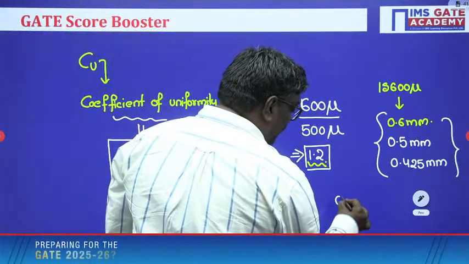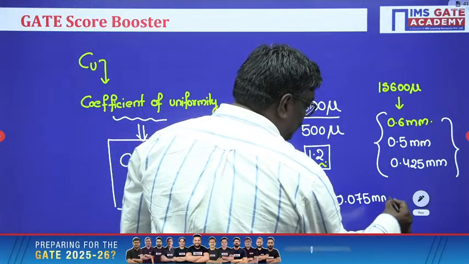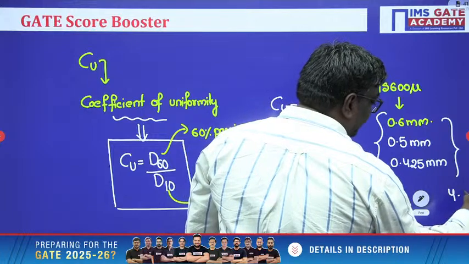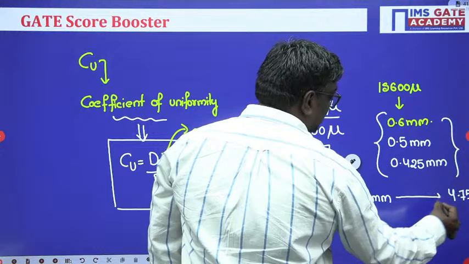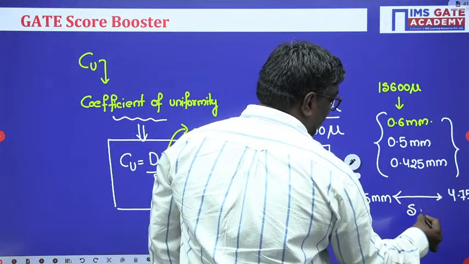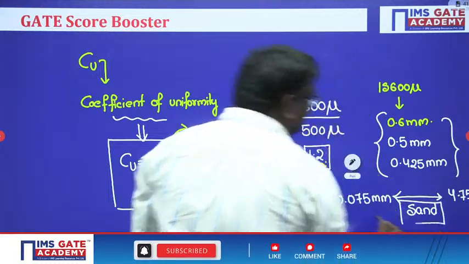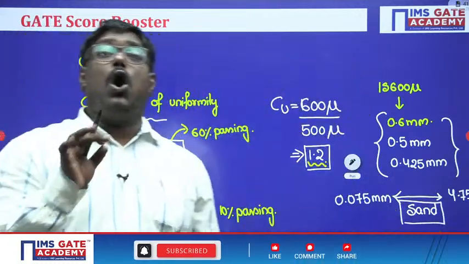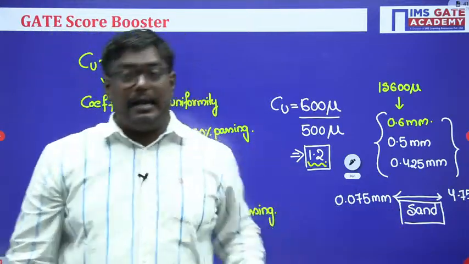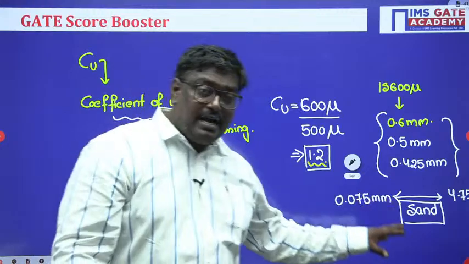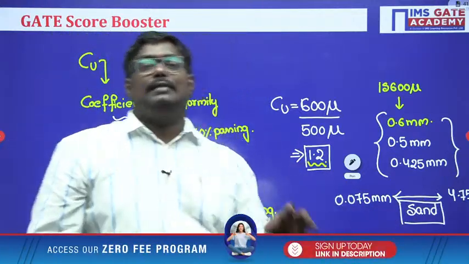If the soil particles are between 0.075 mm and 4.75 mm, we call it sand. So from the sieve sizes, it is evident that the type of soil is sand.